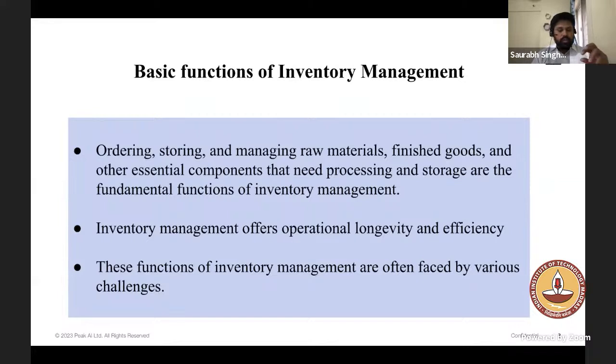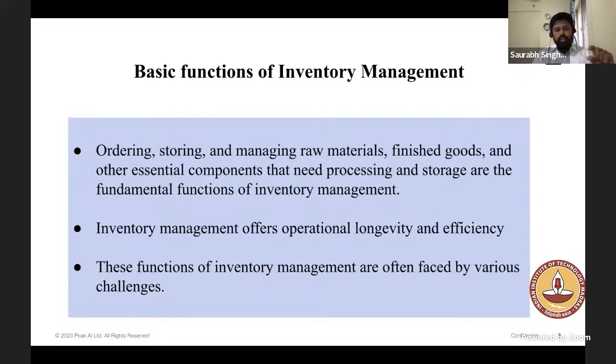So that's why inventory management is very important for the operational longevity and efficiency of your processes of producing finished goods or making raw materials.